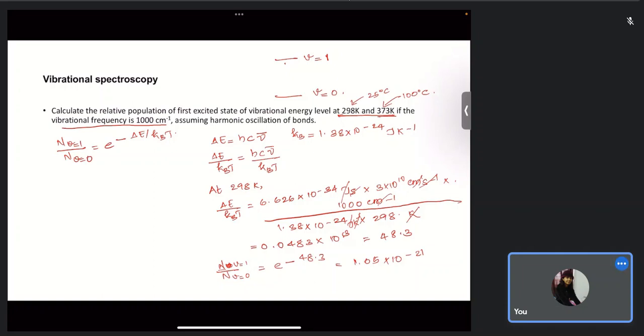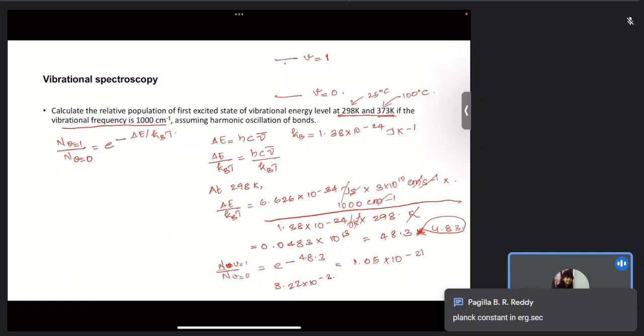I don't know how it has come. It's supposed to come as 8.22 into 10 to the power minus 3. This answer is supposed to come out from 4.83, so I have gotten something wrong. I don't know where I have messed up the power calculation.